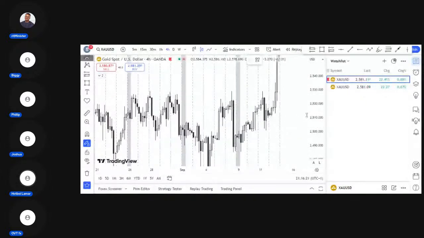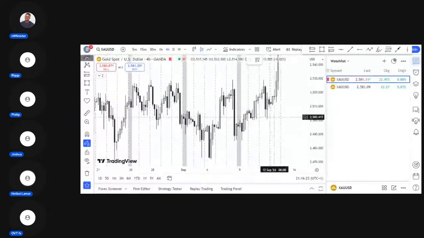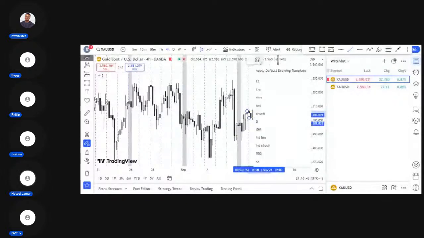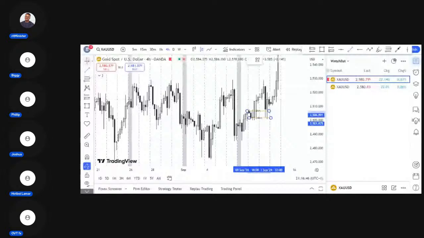I didn't touch the one down, but it respected the one up and gave me a neckline on the 15 minutes candlestick. The trade you showed us yesterday, and then the other one down. But I think you took the trade with the one below. You didn't use the one up.